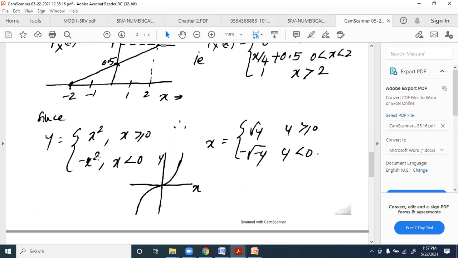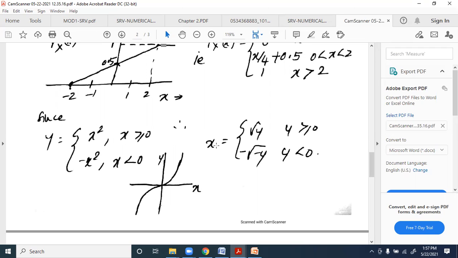Say, for example, x is -2. If x is -2, x squared will be equal to 4, and minus of x squared will be equal to -4. That is why it will be like this. Having written this, how can we represent the value of x the other way around? Here we have written y in terms of x.